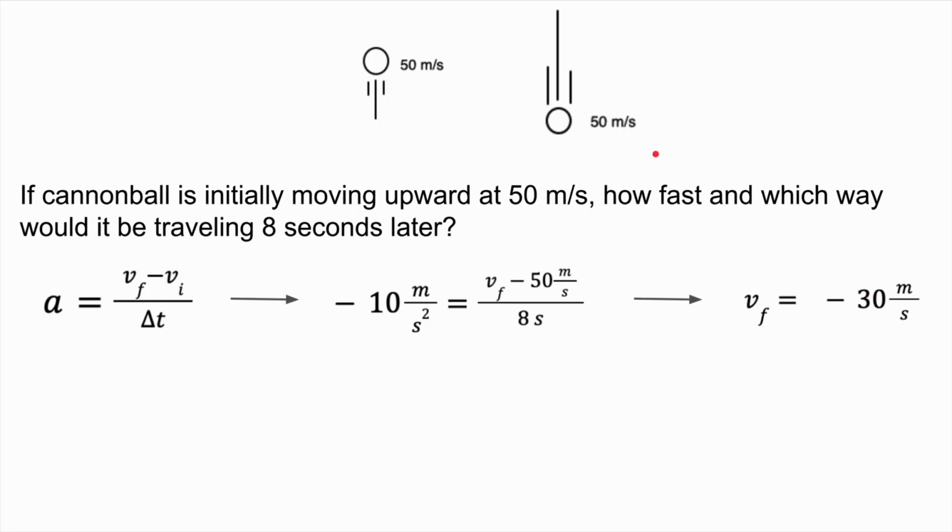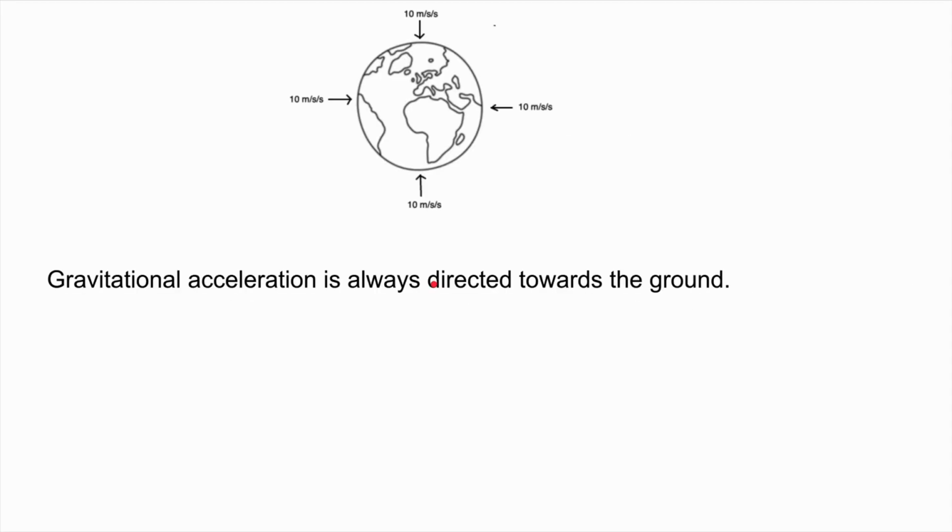So that's why paying attention to the positive and negative really helps. Now, usually we're going to use -10. It turns out we don't always have to use -10. As we go through the year, we're going to see a lot of times we're going to choose not to. So let me just point this out and I'll let it go, okay? So if I was to go around the planet and drop rocks, I'd see they all accelerate at 10 meters per second squared. But are they all accelerating in the same direction? The answer is no. Like these two accelerate in opposite directions.